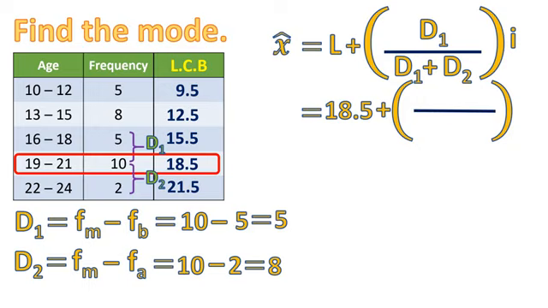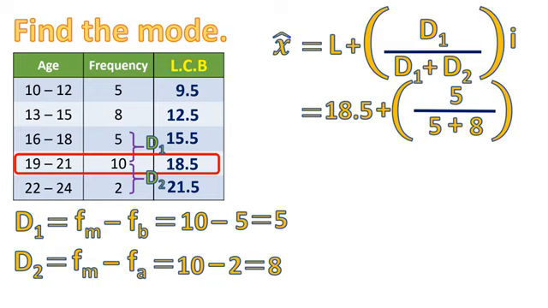So D1 is 5. So we'll put both D1s as 5, plus D2 is 8. Just allow me to read it as D1 instead of D sub 1, because it saves time, D2 instead of D sub 2.